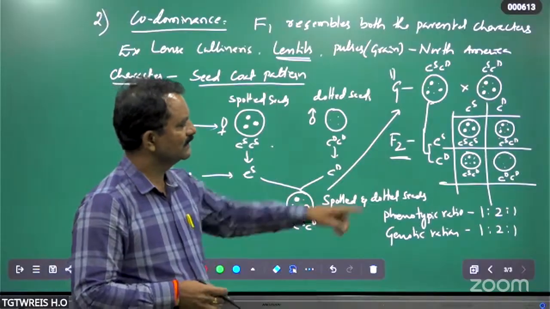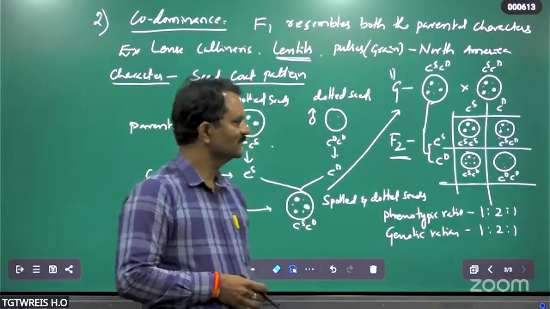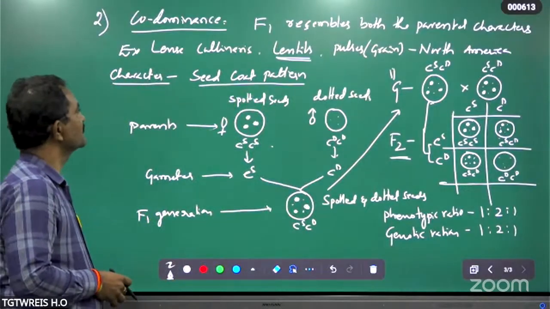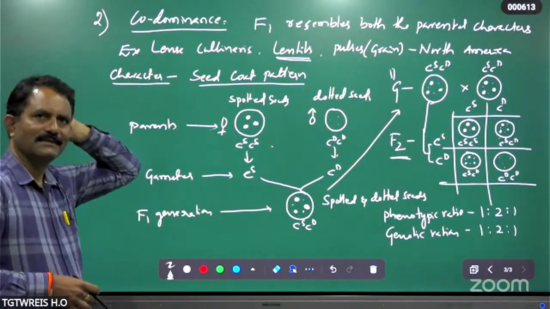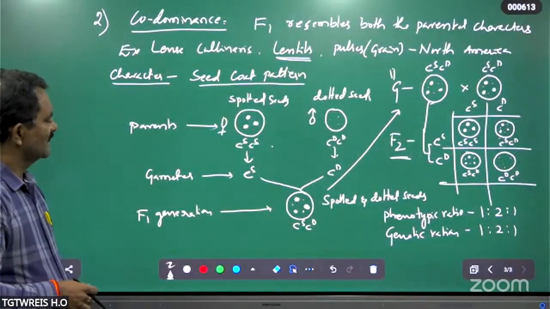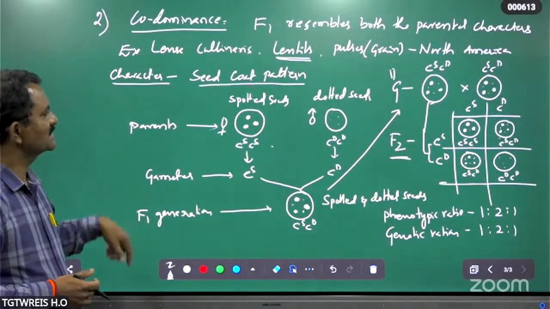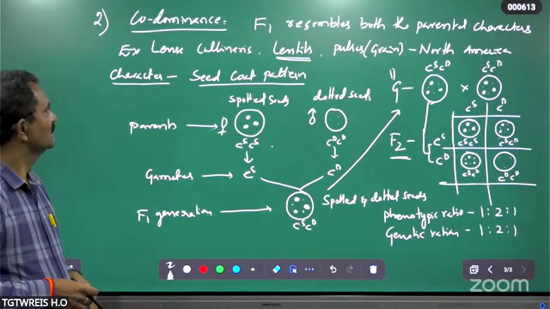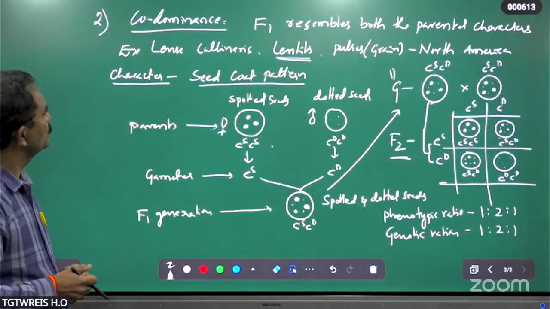But here that is deviated into 1:2:1. So it is the deviation of Mendelian, that is co-dominance. Co means similar, and F1 generation shows both the parental characters. So that is called co-dominance. These are the two deviations of Mendel.